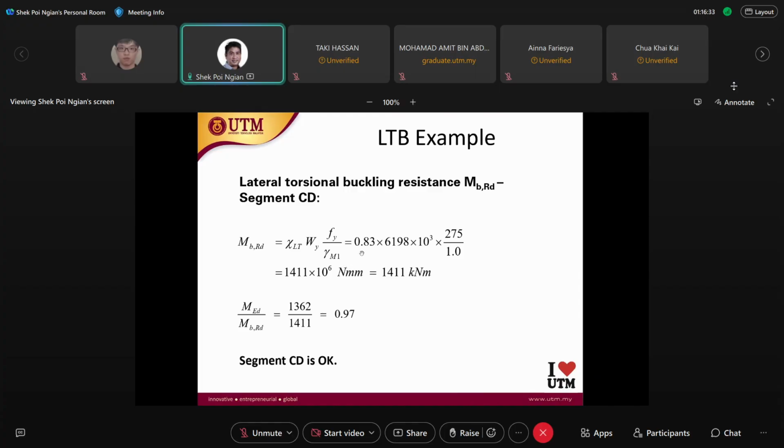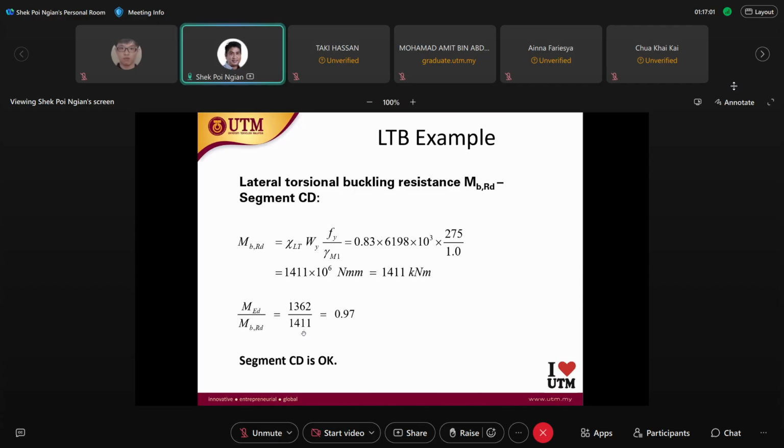We multiply 0.83 with WY, FY, and then divide by gamma M1, we get 1411. So compared to MED 1362, we get a ratio of 0.97. So segment CD is okay, adequate. So BC adequate, CD adequate, AB we skip because it's not critical.